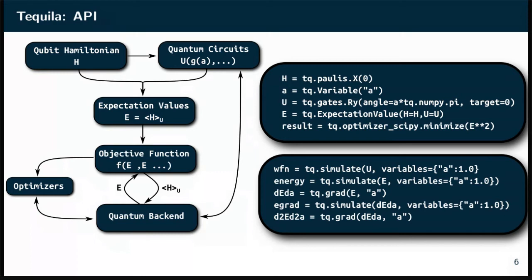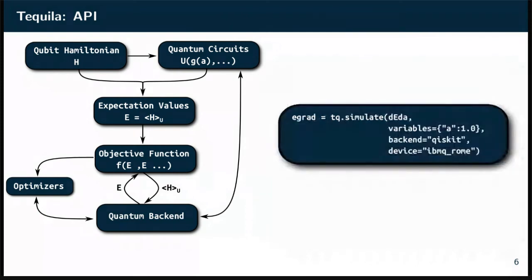If you take a gradient of an expectation value, which is an objective, you get back another objective. So if you want to do the second derivative, you can just act on that objective again, because all these things are the same abstract data class behind the scenes. For Tequila, the system doesn't need to know if this objective you have is actually a gradient or a square or whatever. It's all the same abstract type.